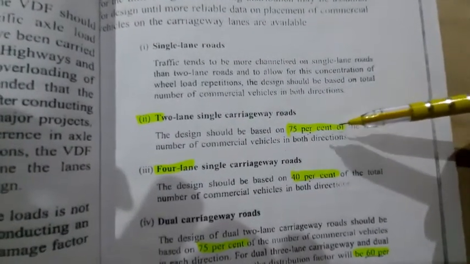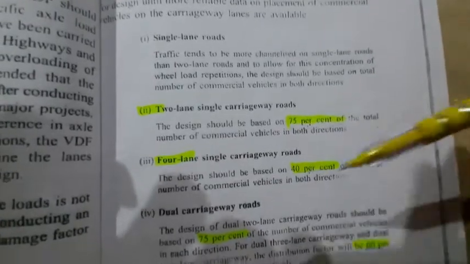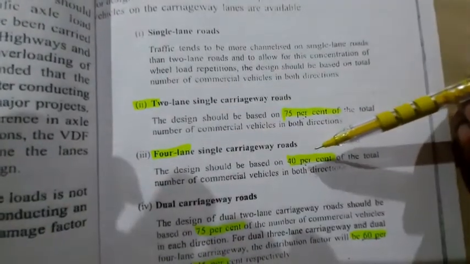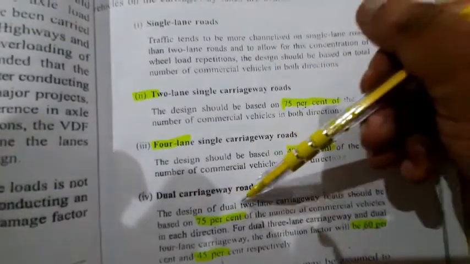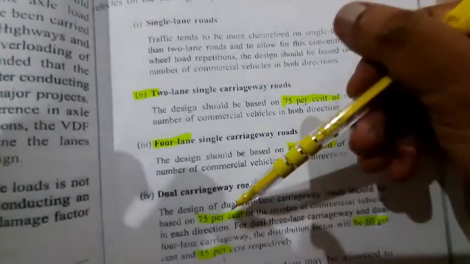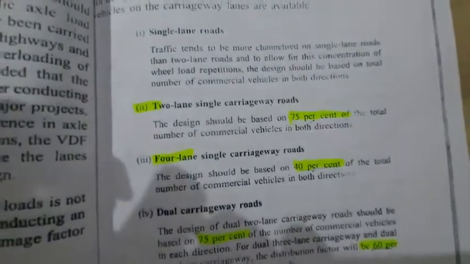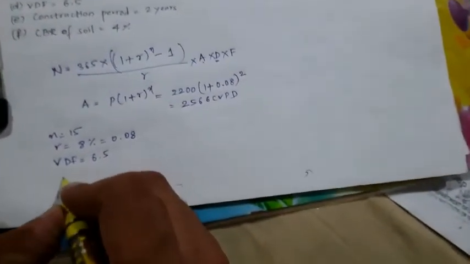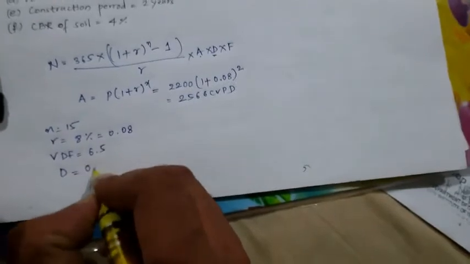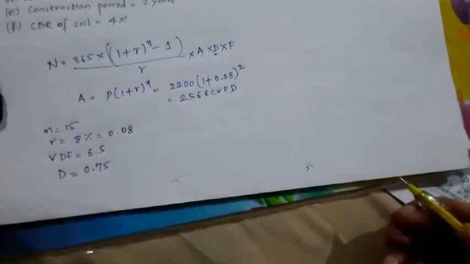So 75% is nothing but 0.75. If it is a 4-lane single carriageway, then you take the value here. If it is a dual 2-lane carriageway, then we are going to take this value. That is what I explained to you previously. So according to that, my D is going to be 0.75 for a 2-lane.